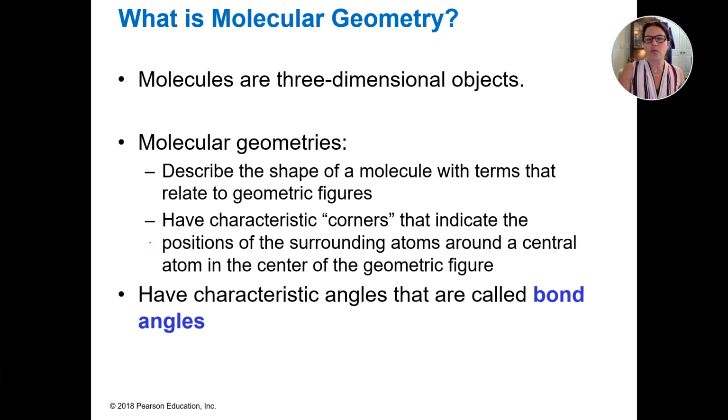So we're going to have characteristic, quote-unquote, corners that tells us the positions. So think of, instead of 12, 3, 6, and 9 o'clock, think more of 2, 4, 8, and 10 o'clock, okay? And we call these bond angles. How the bend goes is a bond angle.